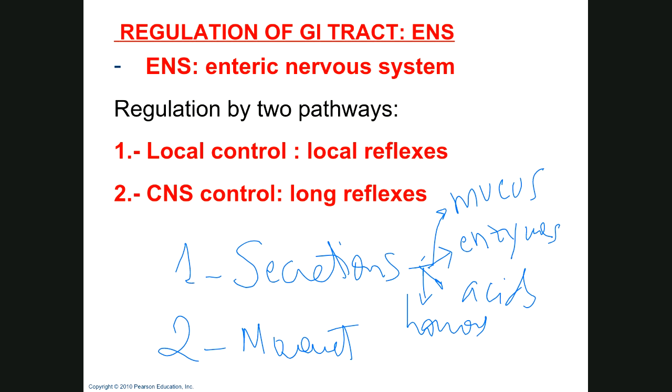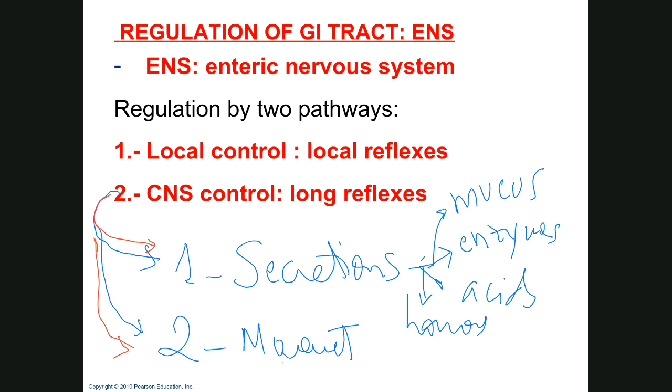Okay, so those are the two responses to stimulation of the GI tract. That response can be due to what we call long reflexes, meaning the central nervous system, via sympathetic and parasympathetic stimulation, innervating these organs, glands, and muscles, and making them secrete or move.